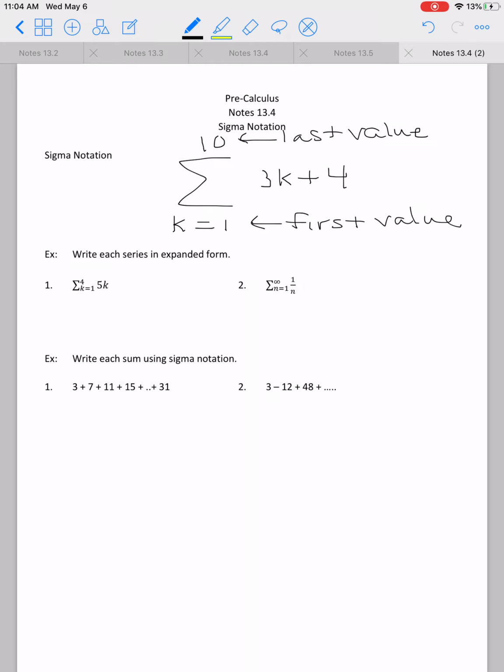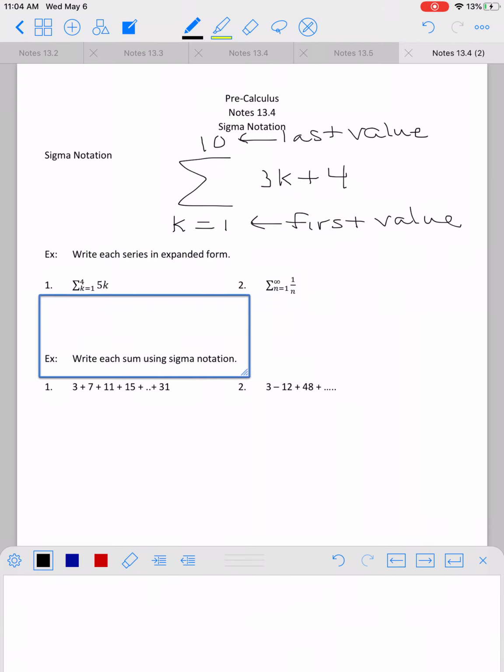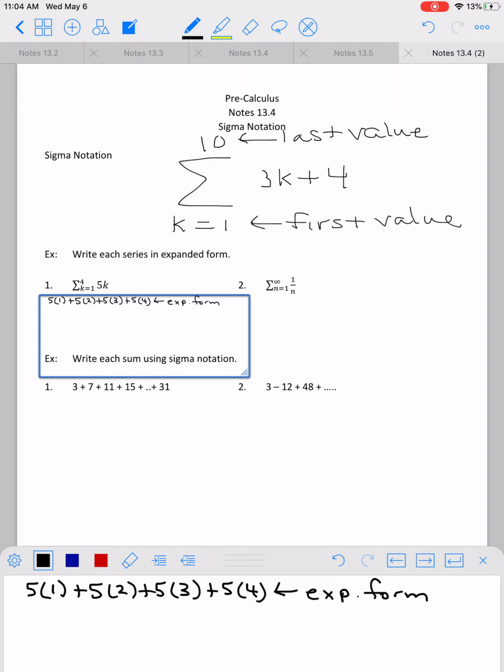So the first example says write each series in expanded form. So the first thing we're going to do is say 5. We're going to start with 1, plug in 1. 5, plug in 2. 5, plug in 3. And 5, plug in 4. This is expanded form because it's got all the plus signs in it.